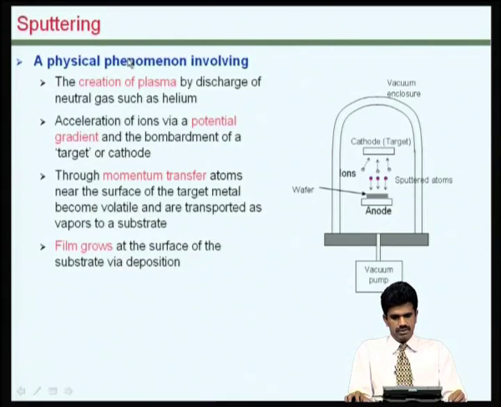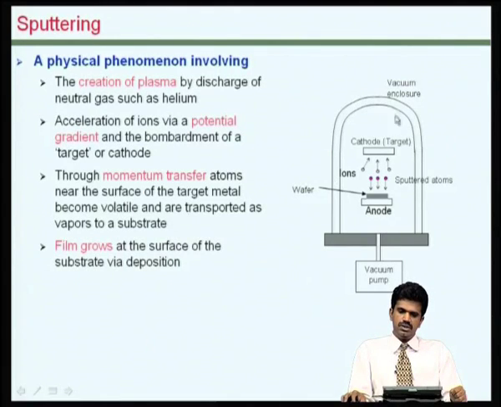In sputtering, we create a plasma with a neutral gas, and these ions that are formed will hit the cathode, and we keep the target at the cathode, so that the incident ions would displace atoms from the target, which is essentially the source material in this case, and the sputtered atoms from the target would be made to deposit or stick onto the wafer, which is kept at the anode.